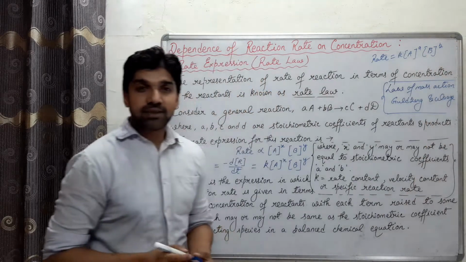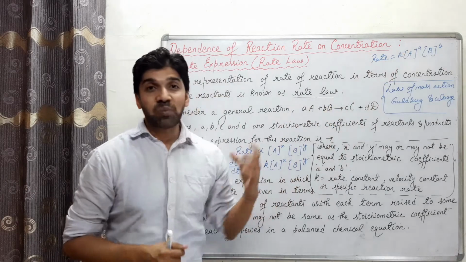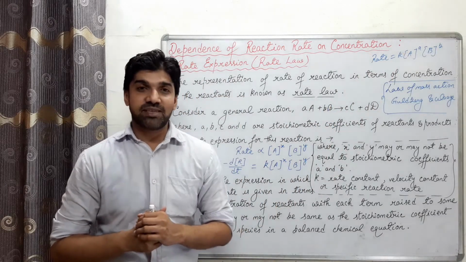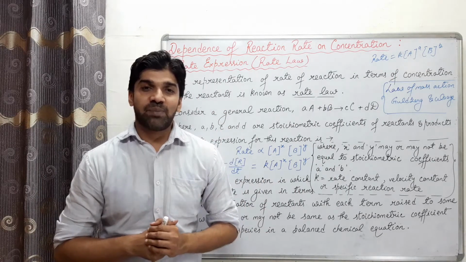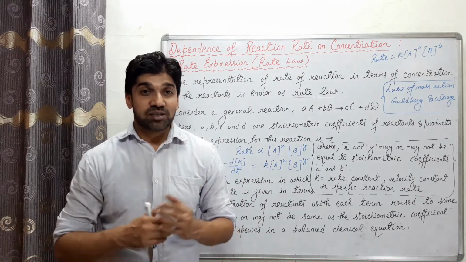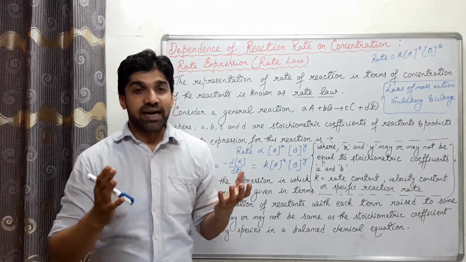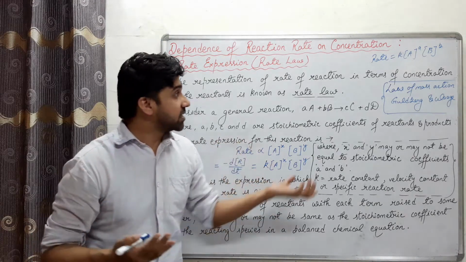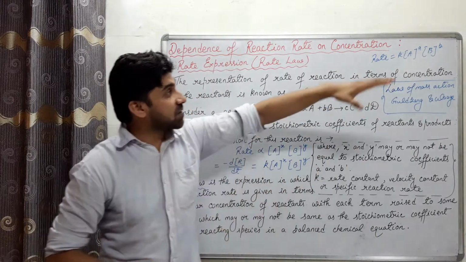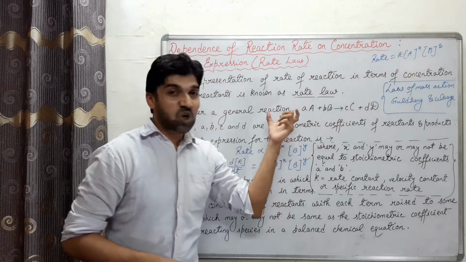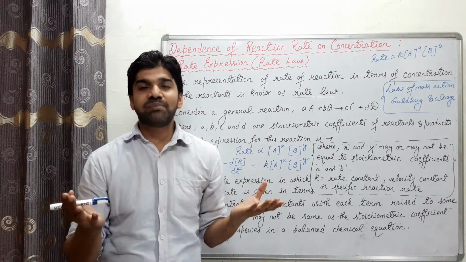So in this case they have the powers which are equal to the stoichiometric coefficient of the reacting species, and it is not always true for all the chemical reactions, because the rate determined experimentally does not come to be equal to the stoichiometric coefficient of the reacting species. The stoichiometric coefficients a and b are always positive integers, है ना, होल नंबर में होते हैं ये.